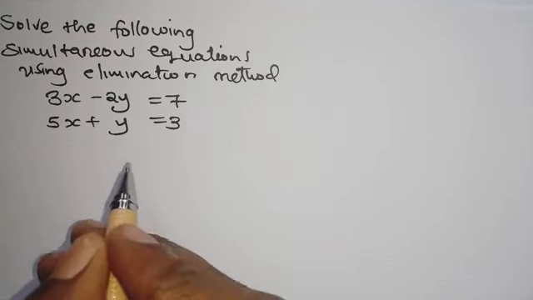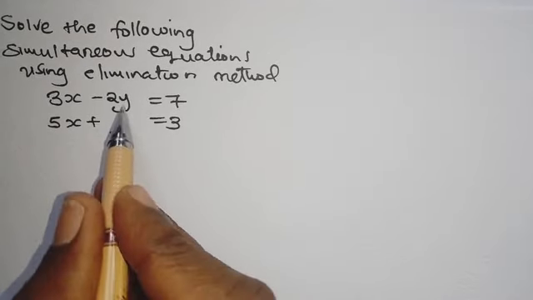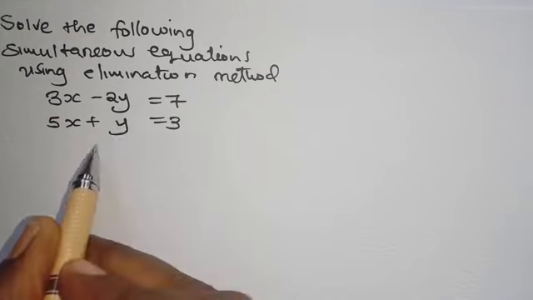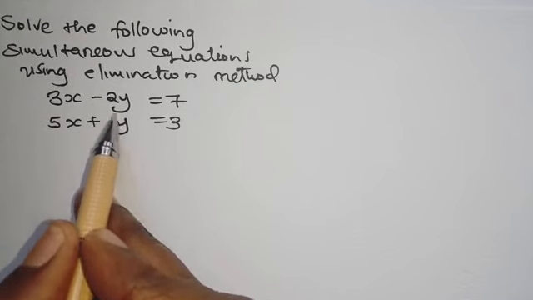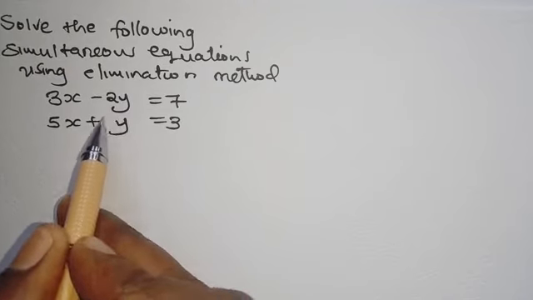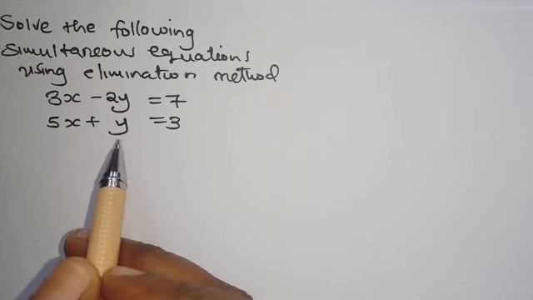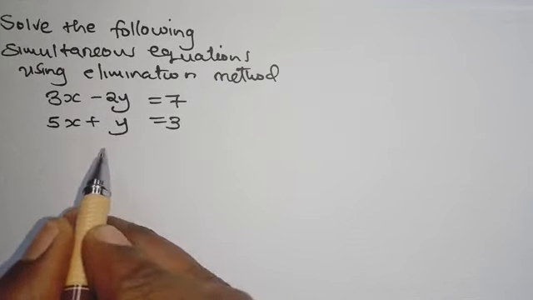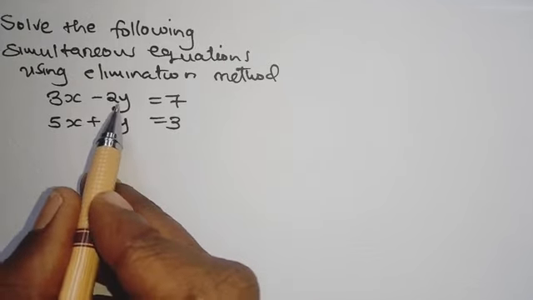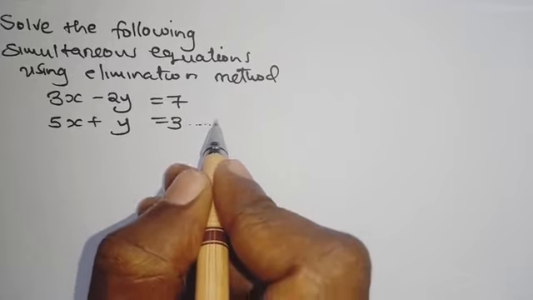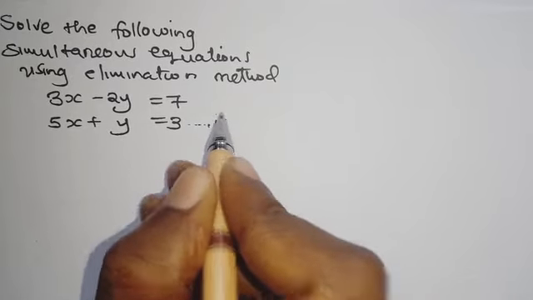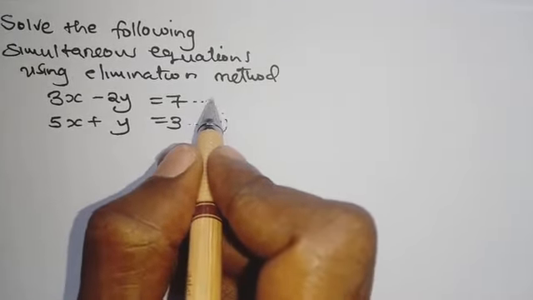How do we eliminate y? First of all, we make it in a way that we have these values, and then if we add them, it gives us 0. So we are going to interchange, so that we call this one equation 2, and we call this one equation 1.